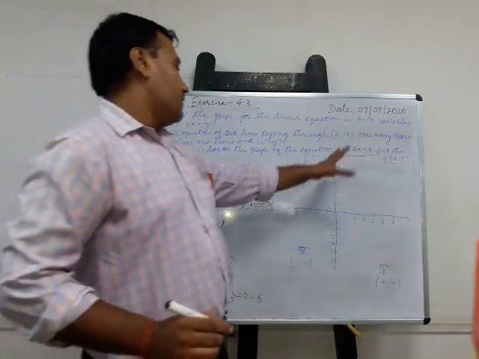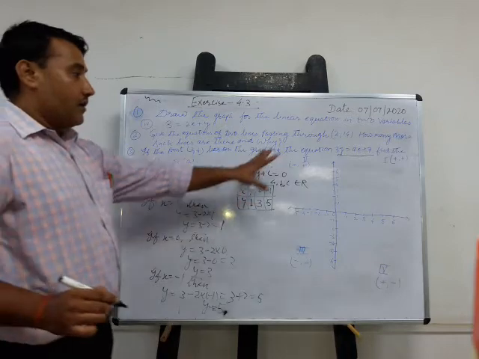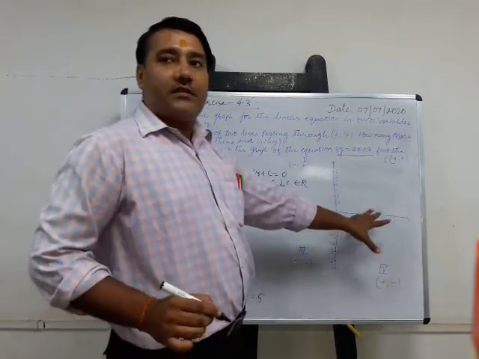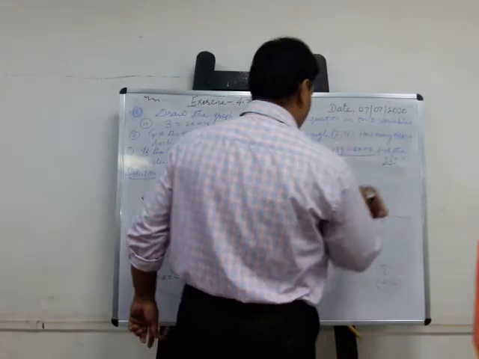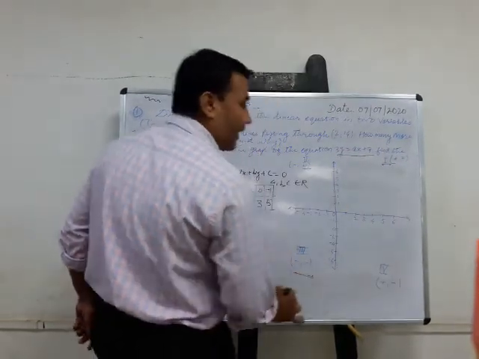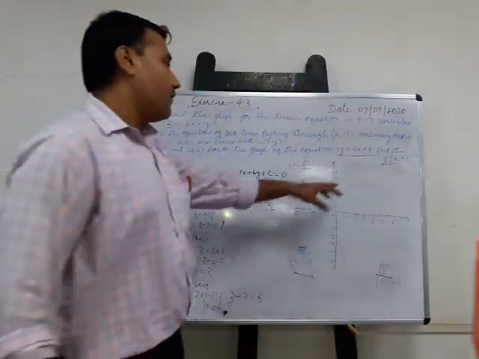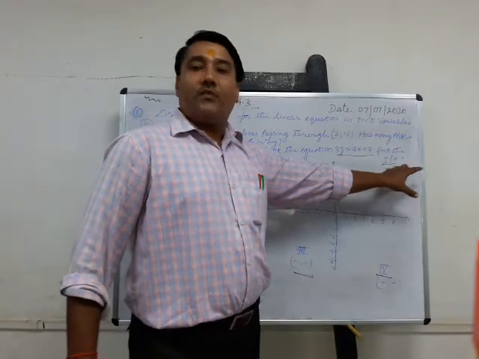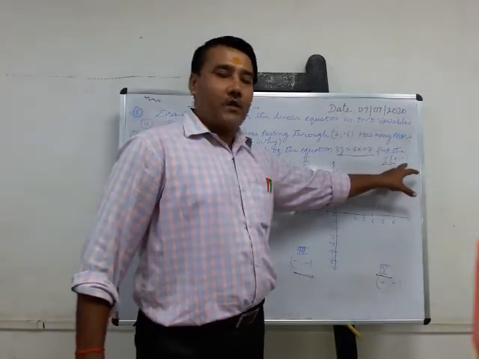Now let us plot this information on the coordinate system. There are four quadrants: quadrant 1, quadrant 2, quadrant 3, which you must have studied in class 8, and quadrant 4. In the first quadrant, x is positive and y is also positive.